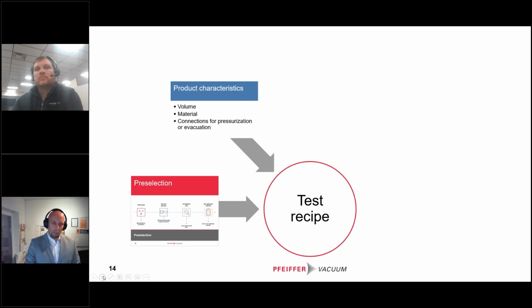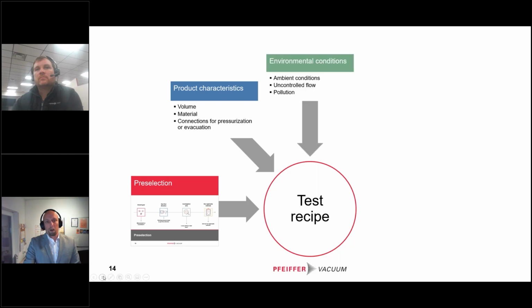If you have taken this part into your considerations, also the environmental conditions are important. Here we are thinking about, as examples of the ambient conditions, temperature, humidity, the uncontrolled flow which can appear when, for example, somebody opened a door at the factory or a window, or pollution inside of your factory hall.